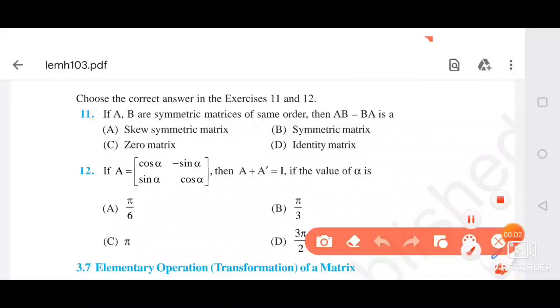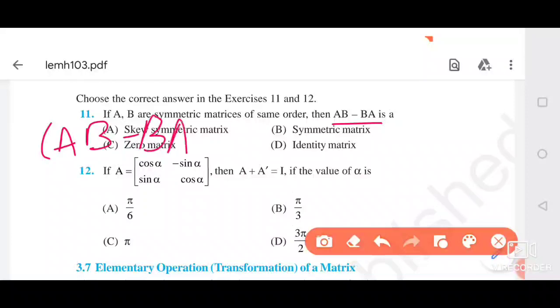Now we will find the transpose of AB minus BA. So AB minus BA whole transpose. Since we know A plus B whole transpose is equal to A transpose plus B transpose, A minus B whole transpose is also equal to A transpose minus B transpose.